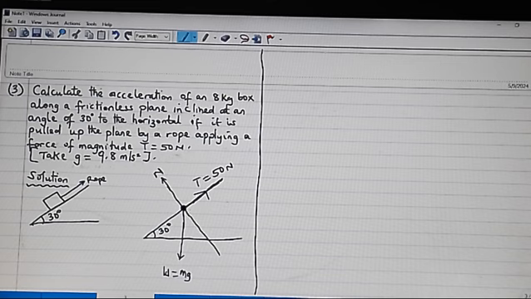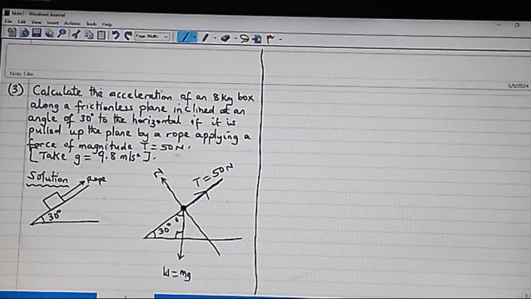As you can see, this is like a triangle. So here could be treated as 90 degrees. And the sum of the angles of a triangle is 180 degrees. So if you have here as 90, you have here as 30. 90 plus 30 is 120. So it implies here is 60 degrees.